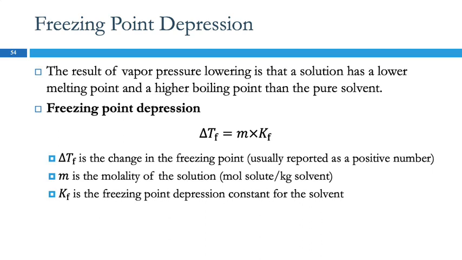So here is the equation to calculate the freezing point depression. Delta TF here is the change in the freezing point. It's not the new freezing point, it's the change in the freezing point. And that is equal to the molality of the solution times a constant. That's the freezing point depression constant, and what value that has will depend on what your solvent is.